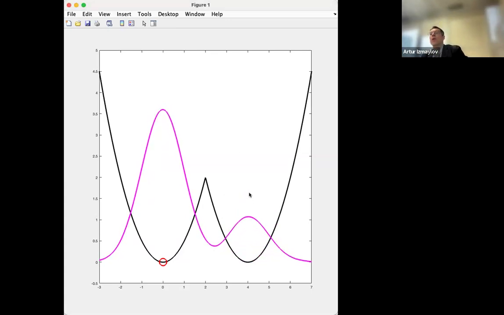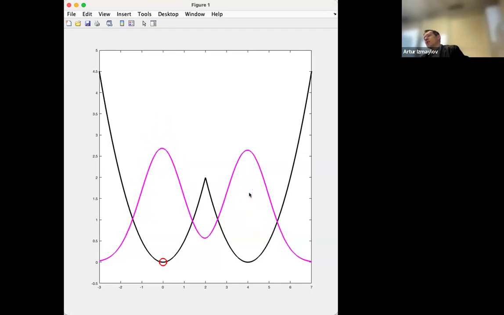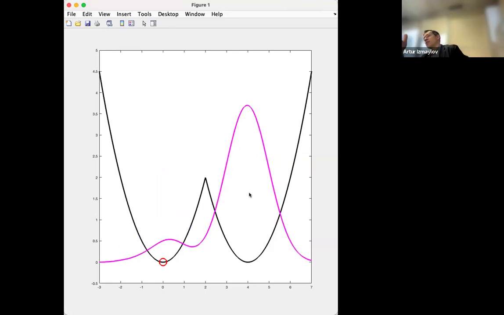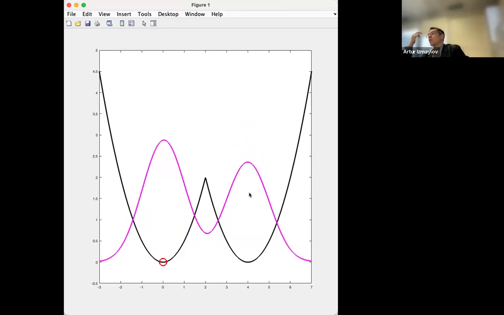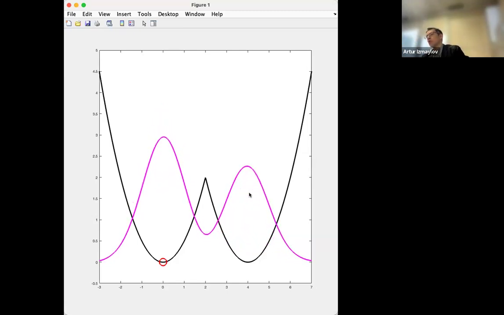So as you could see, the probability of being in a different well is increasing with time, and where the system was initially is reducing, right? So this could be seen as an illustration of, let's say, a chemical reaction where one, like hydrogen, is moving between the wells in some molecule, right?